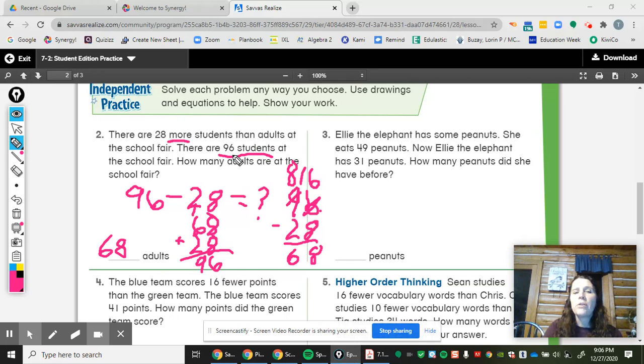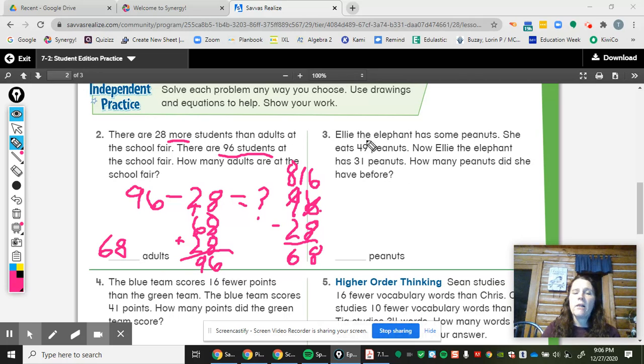So then you know that, okay, I'm going to have to subtract that because there were more students than adults, right? So you just have to really look closely and see what it's asking you for. So that's what your problems are going to be like today, guys. Reading it and figuring it out. Let's try one more together. I think we have enough time to do one more.